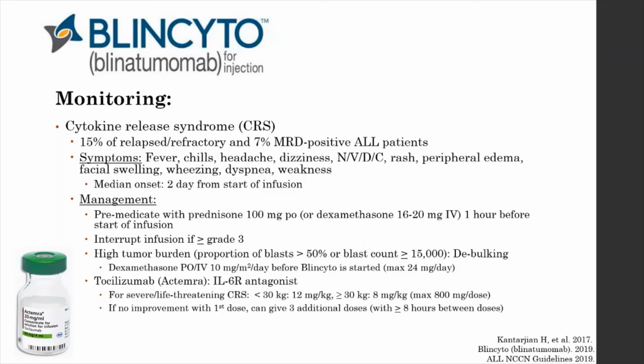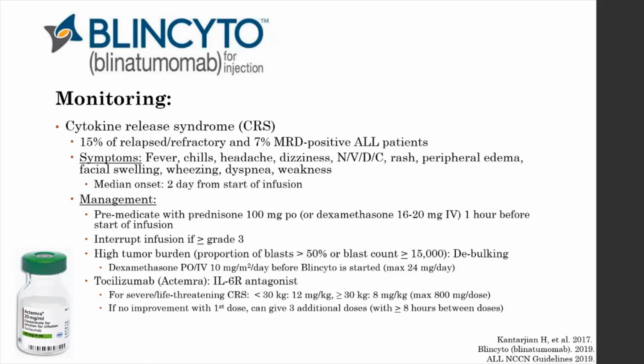And if they get this with a grade 3 or higher, you should stop the infusion. And also in the studies, for some patients with high tumor burden, they did a debulking regimen with dexamethasone before they started Blincyto.